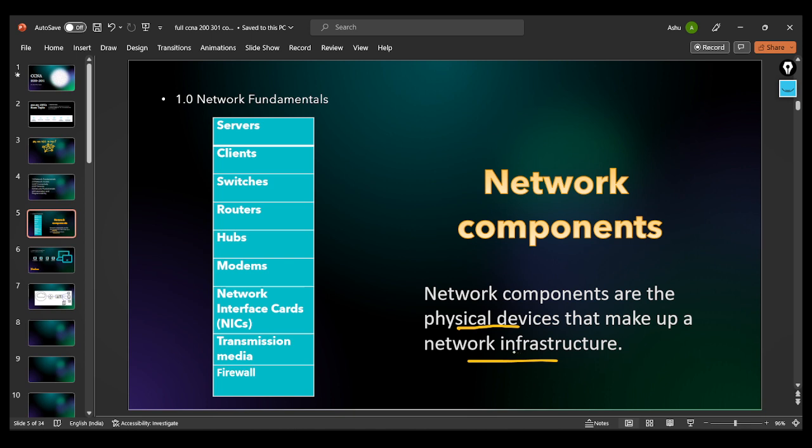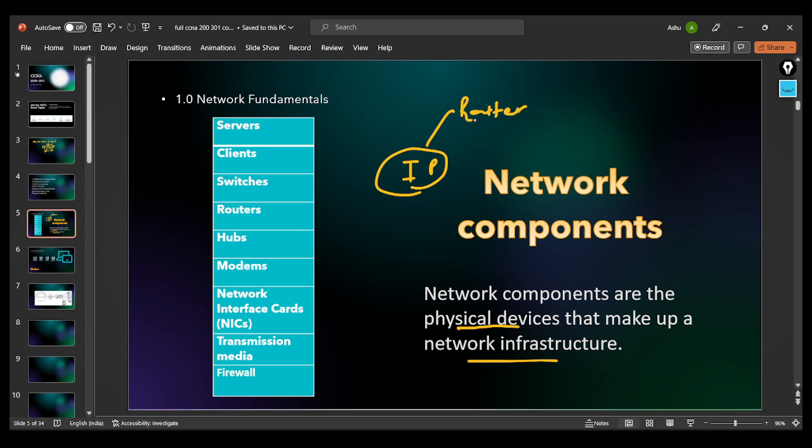Suppose that we are communicating with each other. Here we are teaching, and you are able to communicate with me. Why and how? Because your system has an IP address, and these IP addresses are provided by some router, some service.